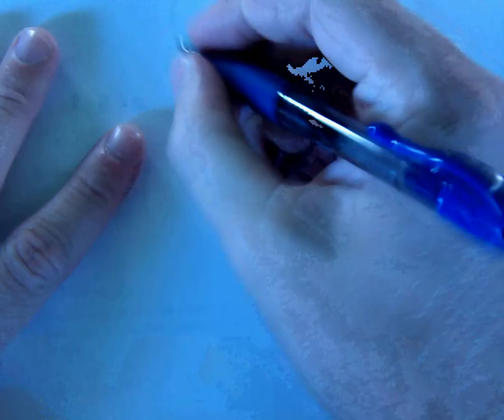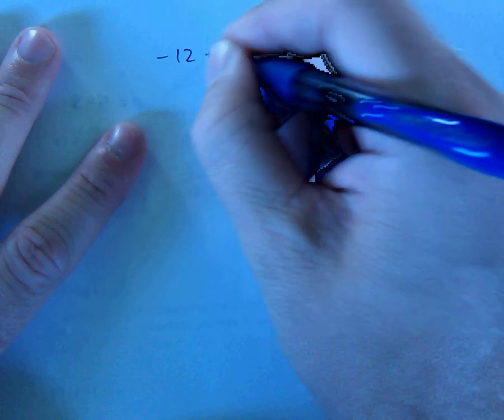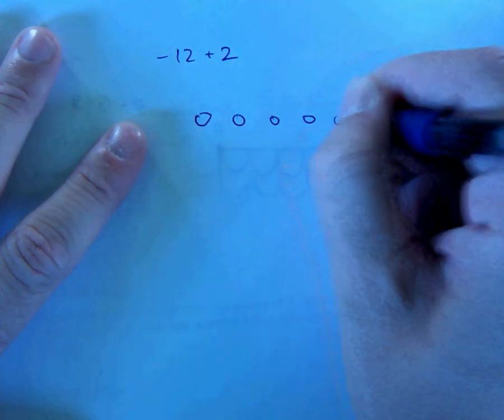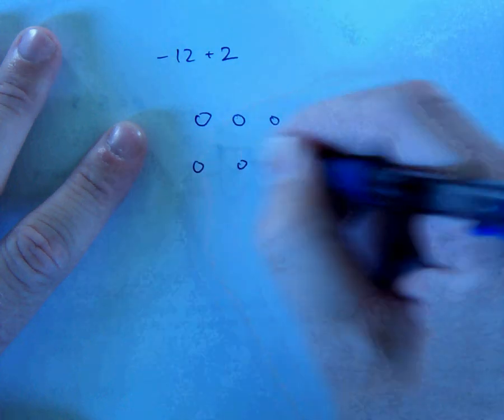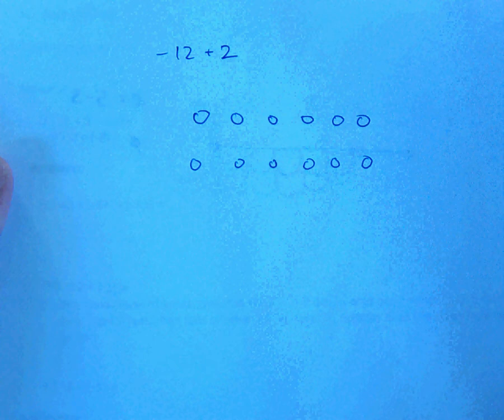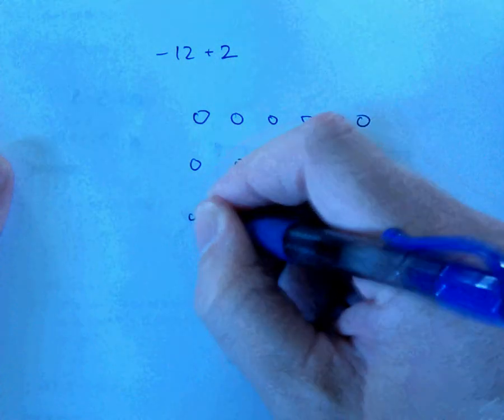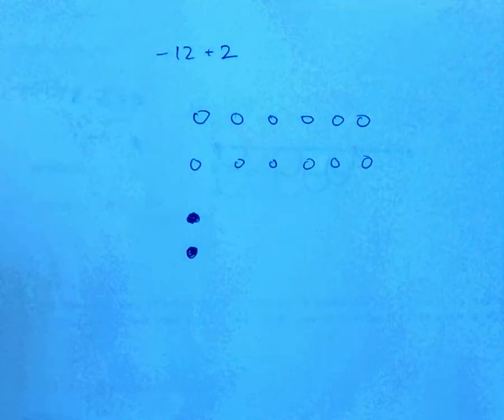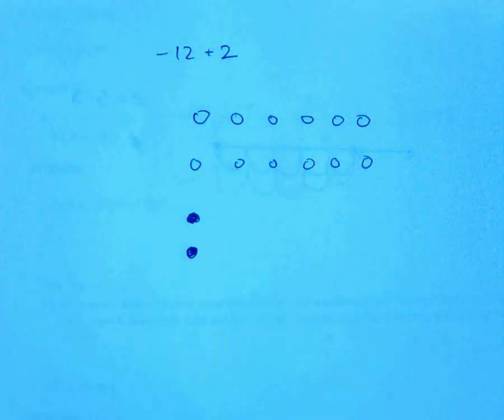If I have negative 12 and positive 2, so negative 12 plus 2, think of it as 3, 4, 5, 6, 1, 2, 3, 4, 5, 6. These open circles are going to be negatives, and then I have 2 black circles which are positives.